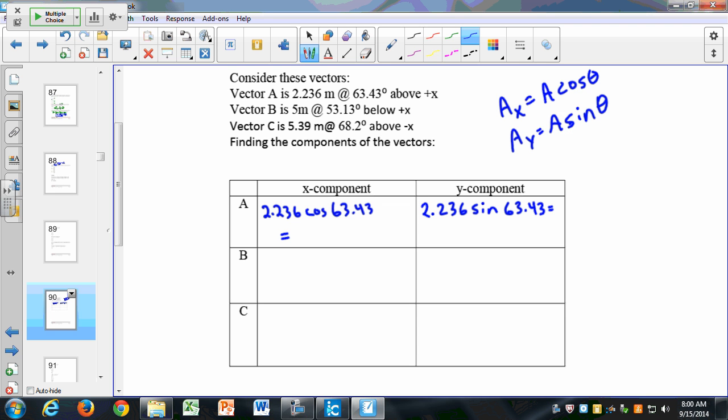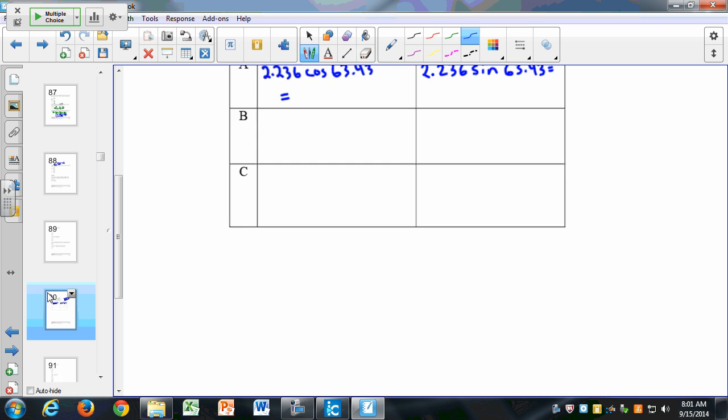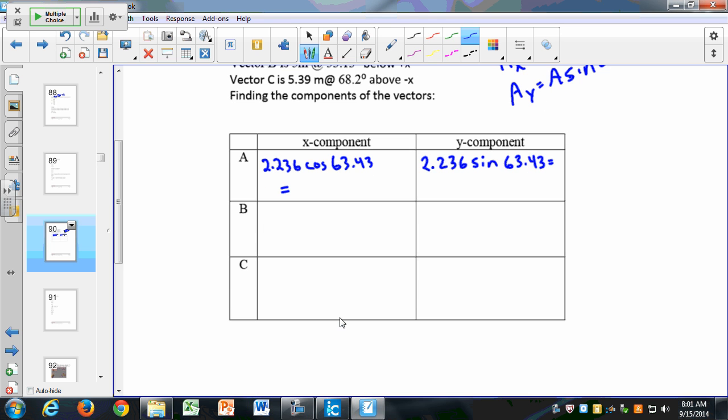So the x and y components, should be still working? Another minute, okay. You read them off to me?